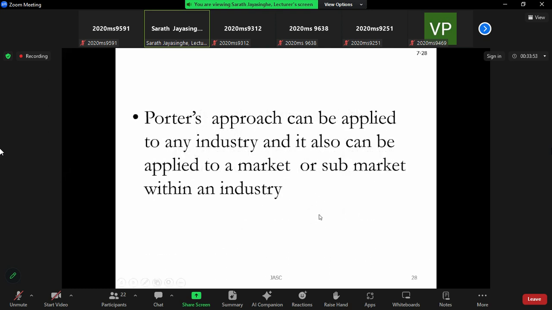So how does this Porter approach analyze or understand the market? What is that model? Can somebody tell me or type? Send me a message if you can't talk. What is this?